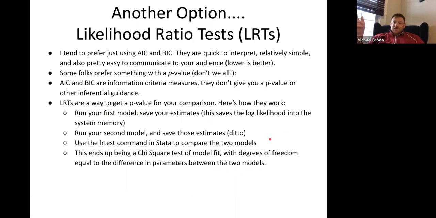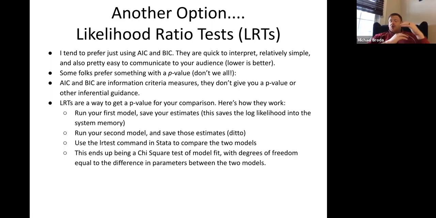In R, I should say, I forgot to update these slides. In R, you would use the ANOVA command or the RAND command. The RAND command is what you would use if you want to know if a random slope has resulted in an improvement. So if you're testing a random slope, use the RAND command. And if you're testing anything else, another predictor, an interaction, you use the ANOVA command.